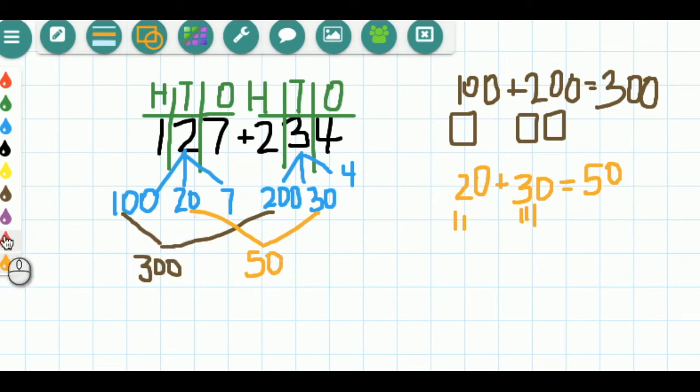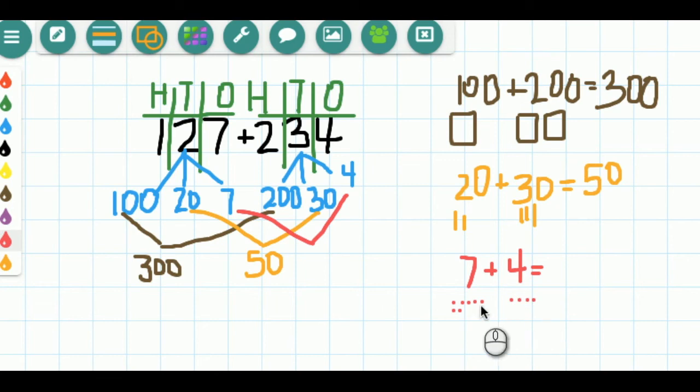And then next we can do our ones. 7 plus 4 ones. Now again, this is going to go over 10, so we are going to have to decompose again. So 7 plus 4: 1, 2, 3, 4, 5, and then we'll go down 6, 7. And then 4: 1, 2, 3, 4.